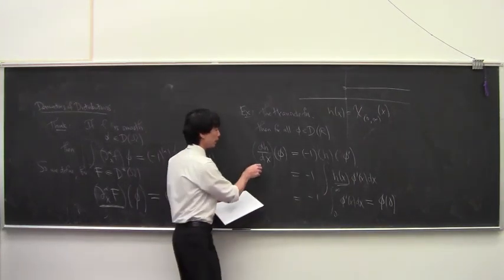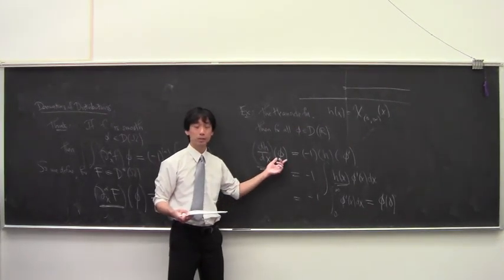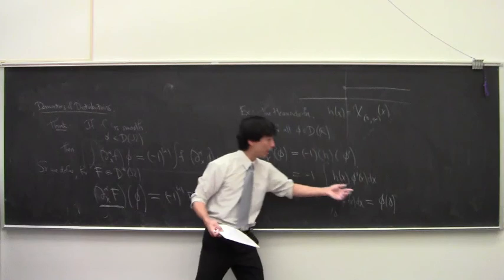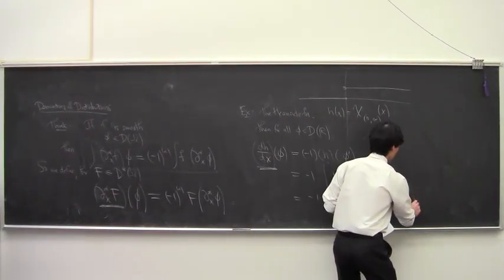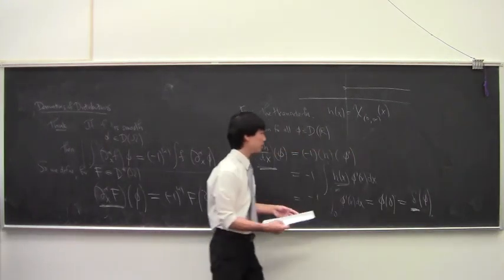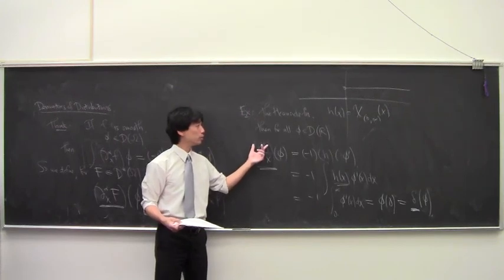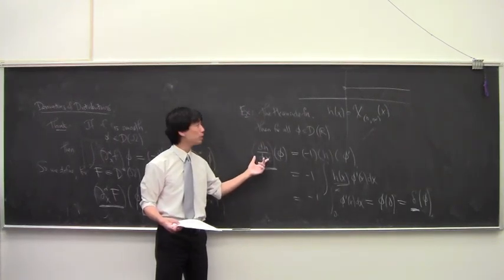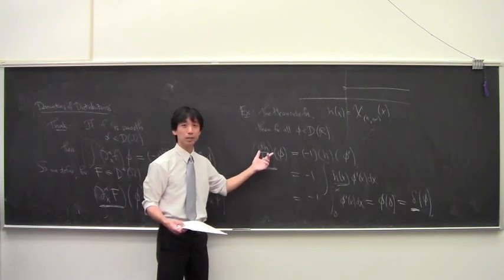So the derivative of the Heaviside function acts on test functions by just evaluating the function at 0. It agrees with the Dirac delta as a distribution. So the derivative, in the sense of distributions, of the Heaviside function is the Dirac delta function.